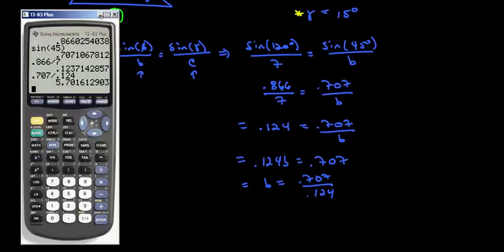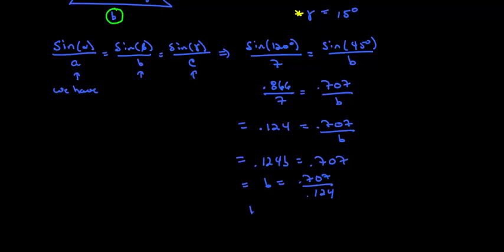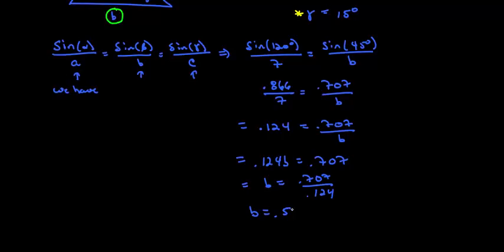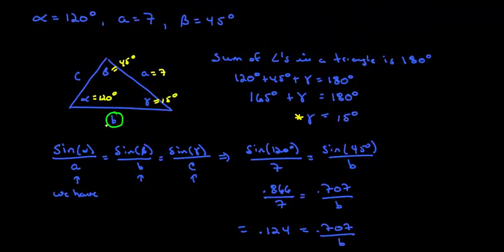We're getting about 5.7. Okay, so that should be our length for B.